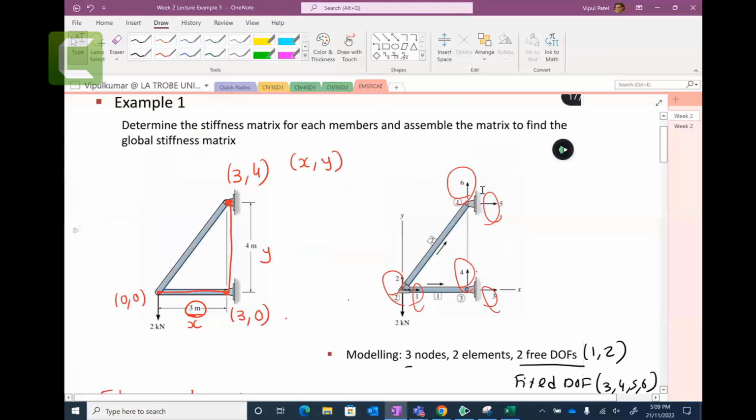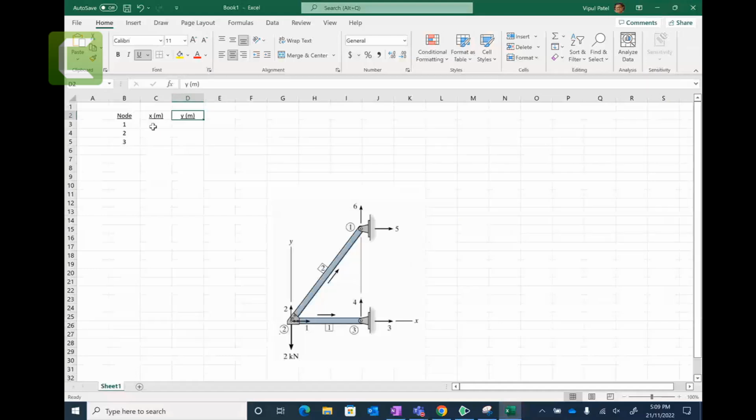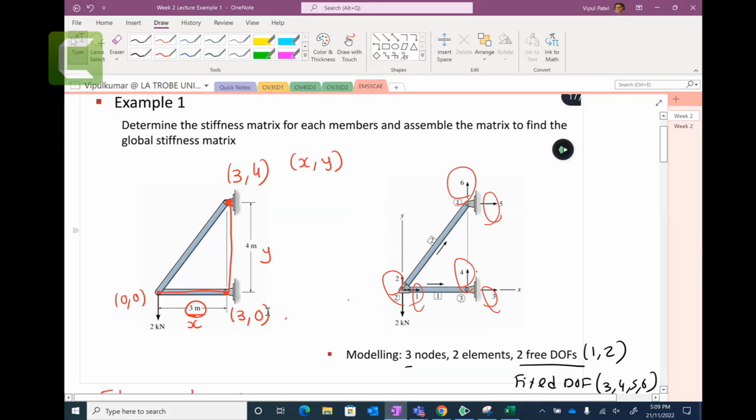So node number 1, you have 3 and 4 coordinate. X has a 3, Y has a 4. So you agree with me that for node number 1, I can put 3, I can put 4. Node number 2 is here and it is 0, 0.